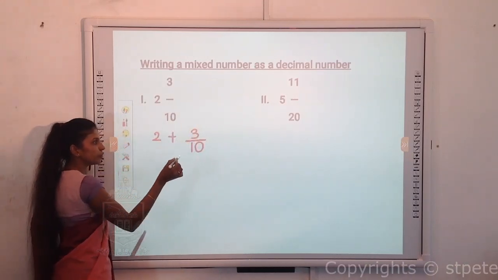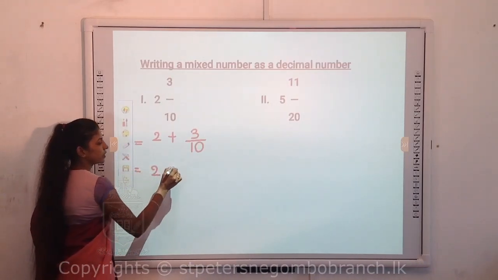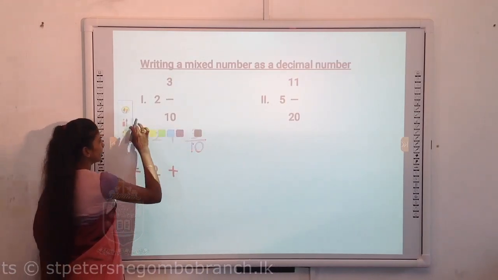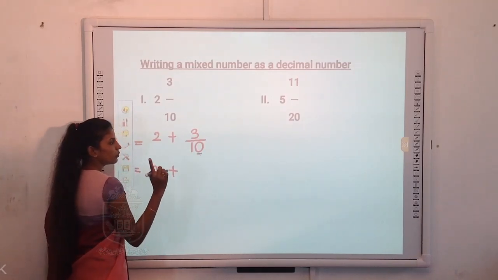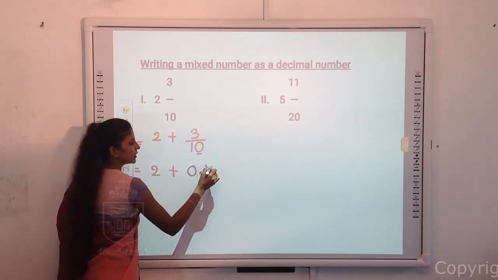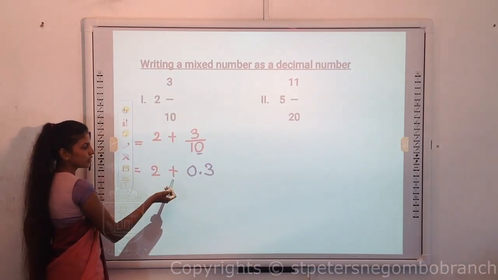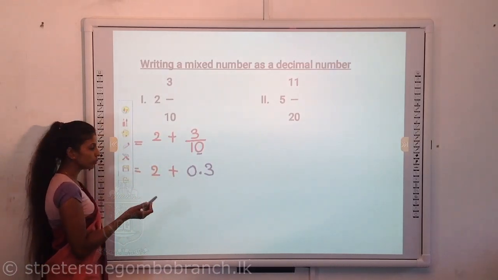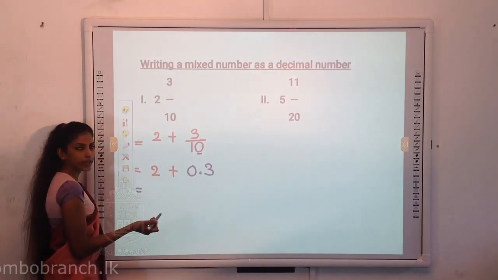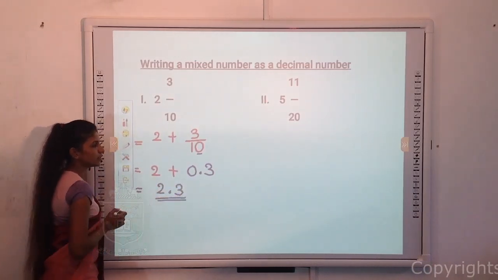Now we already know how to convert a fraction into a decimal. We did it in the earlier step. Since you have 1 zero, 1 decimal place, that is 0.3. Now what you have to do? This is addition. So you can add the decimal number to the whole number 2. So 2 plus 0.3 will give you 2.3 as the answer.